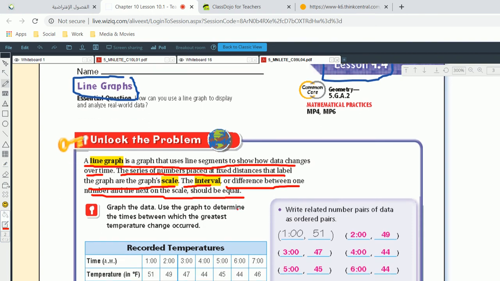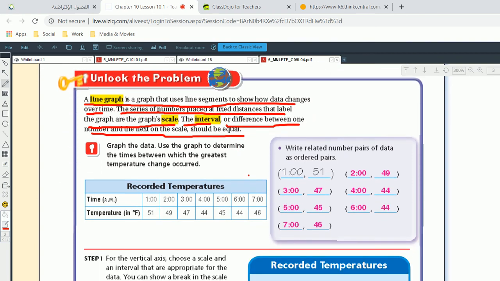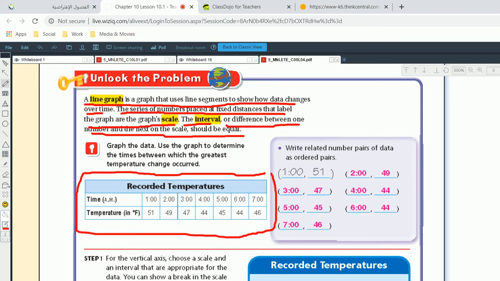So, today's lesson is about this table. The question consists of a table, and you are going to change this data into ordered pairs like that. So, firstly we have time and temperature.